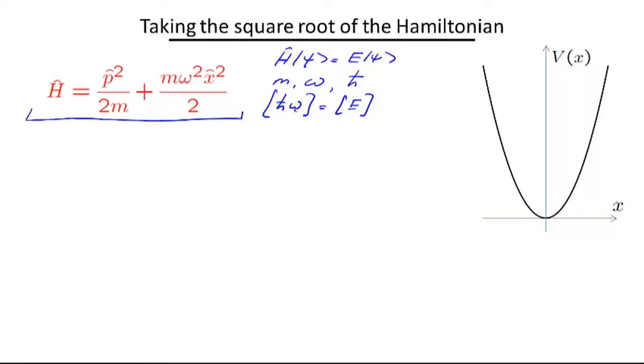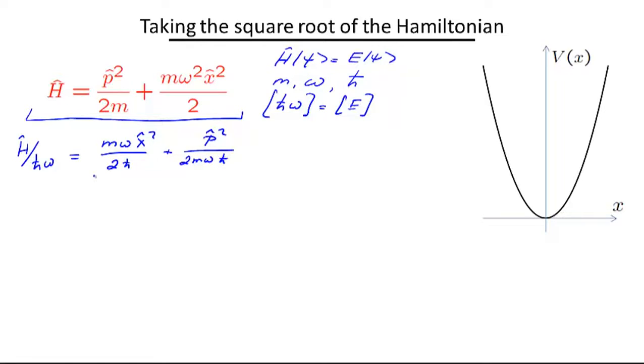So motivated by this, let me write down my Hamiltonian H divided by h-bar omega, and it's going to be simply, I will first write the potential energy term m omega x squared over 2 h-bar plus the kinetic energy term p squared over 2 m omega h-bar.